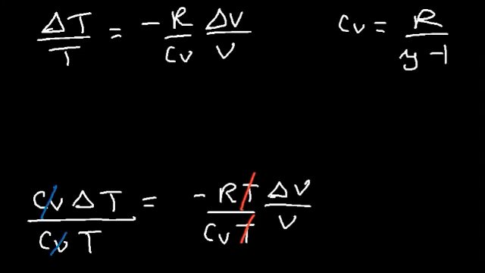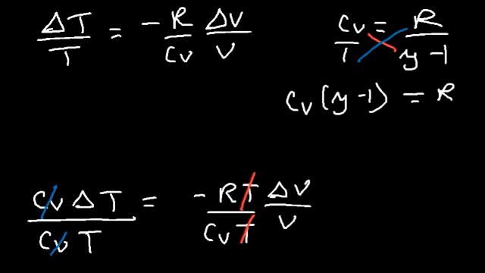If we multiply both sides by gamma minus 1, or even if we cross multiply, Cv times gamma minus 1 is equal to 1 times R, which is R. So if we divide both sides by Cv, gamma minus 1 is equal to R over Cv.